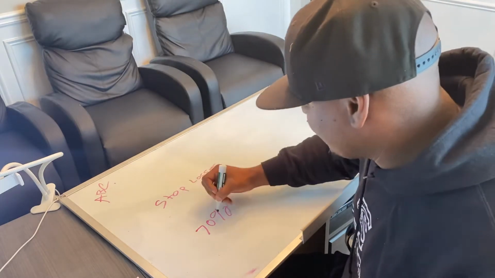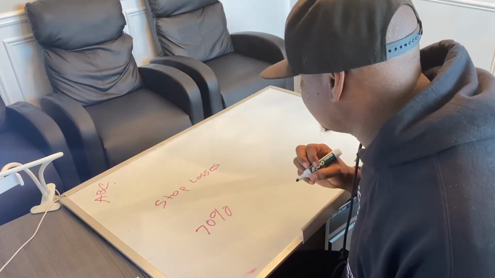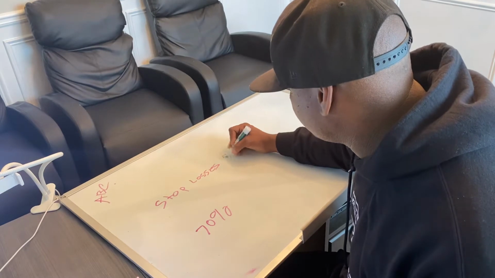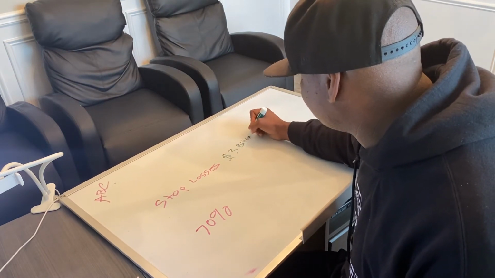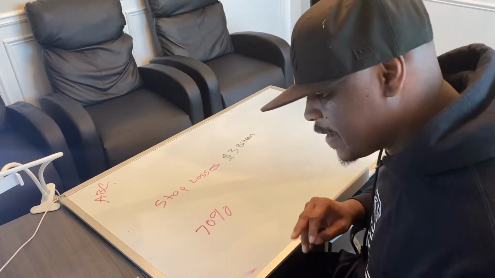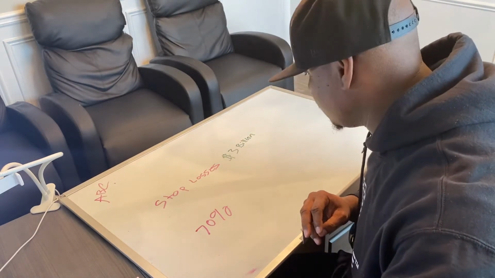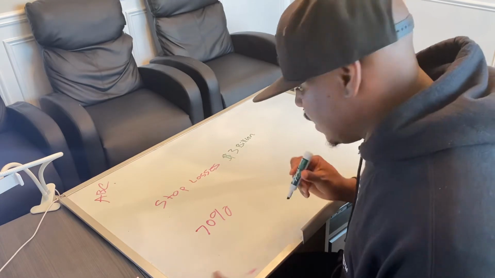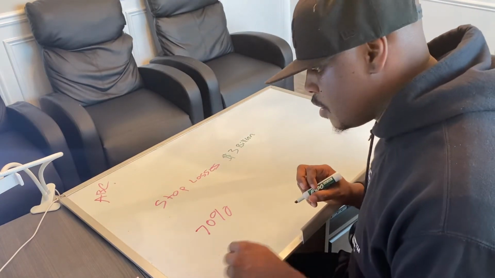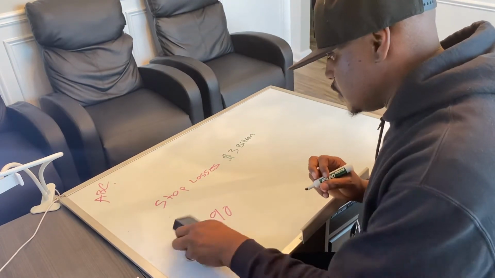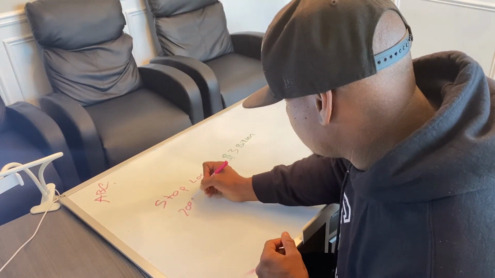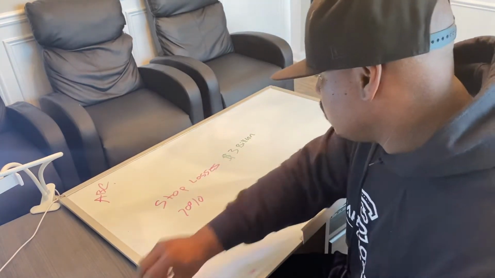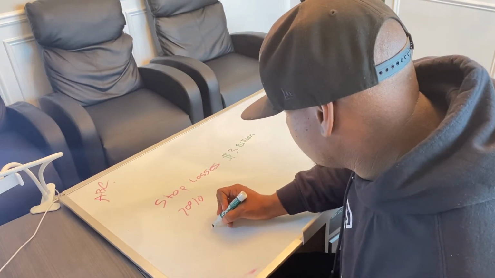Now, if 70% have their stop losses here, let's say that's worth $3 billion. And then your longs, all right, your longs, they got stop loss too.